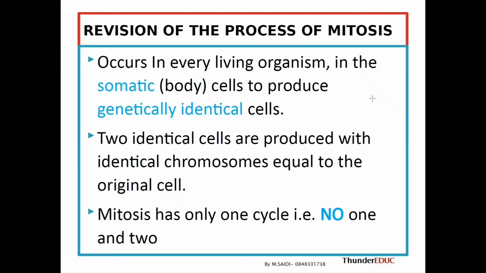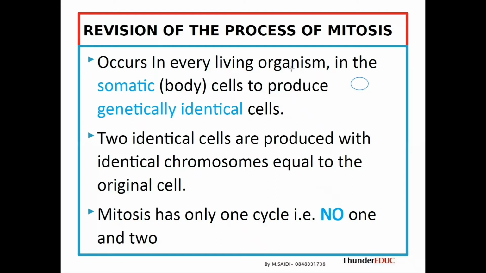In mitosis, there's only one cycle, not 1 and 2 as in meiosis. Now we are having again this one cell. Let me rather choose a much clearer color here. So we're having this one cell here. This cell is going to divide.